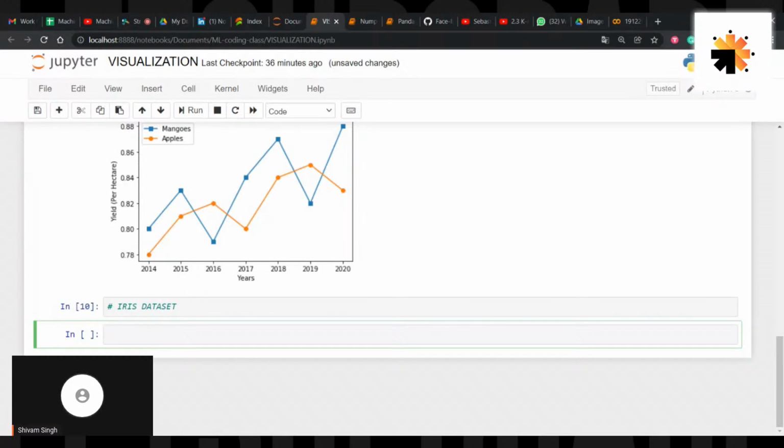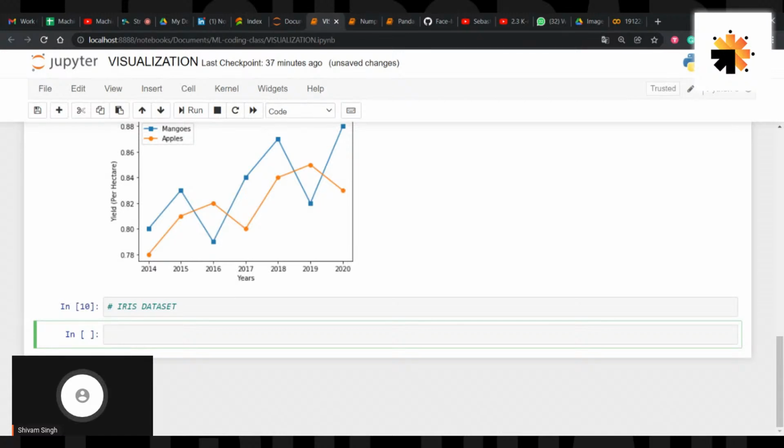There are three different kinds of iris flower: one is setosa, another is versicolor, and the third is virginica. So there are three kinds of iris flower existing on this earth: setosa, versicolor, and virginica.